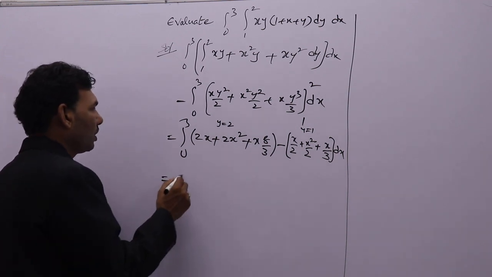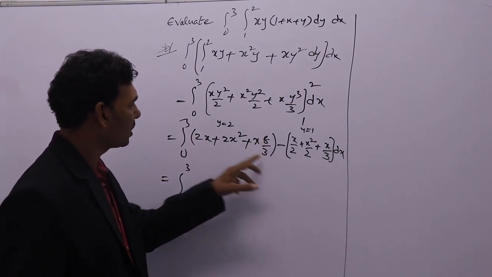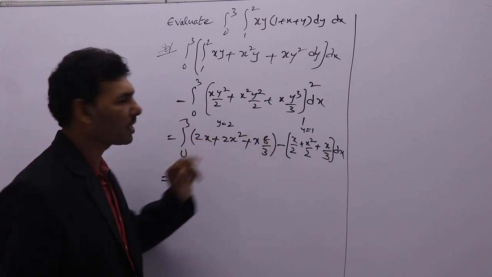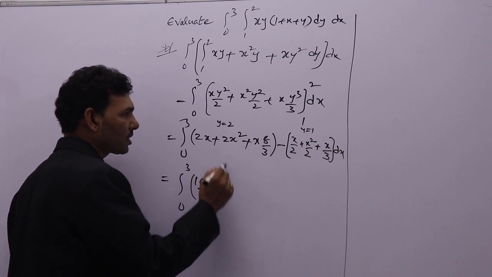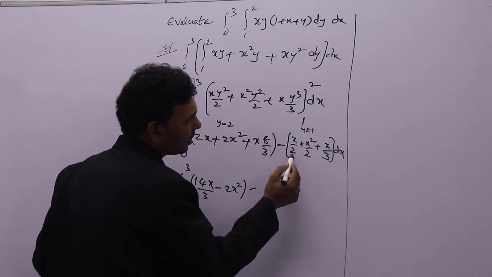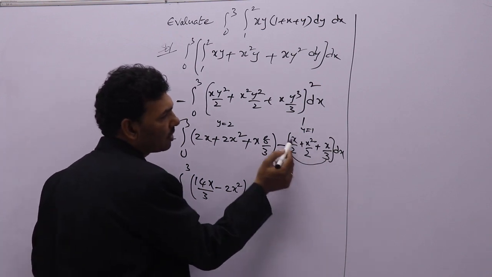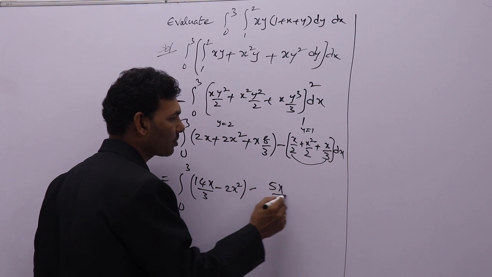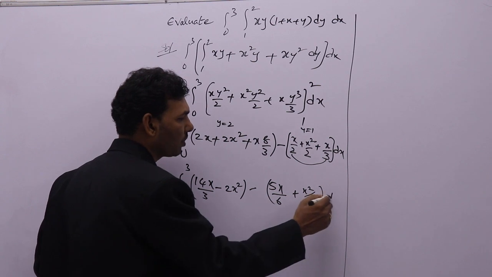Now integral 0 to 3. This is 8x, this is 2x. 3 2s are 6, taking 6 as LCM, 6 plus 8, 14x by 3, minus 2x square, minus, here these two are the same x terms, 2 into 3 is 6, LCM, 3x plus 2x is 5x, so 5x by 6 plus x square by 2 dx.